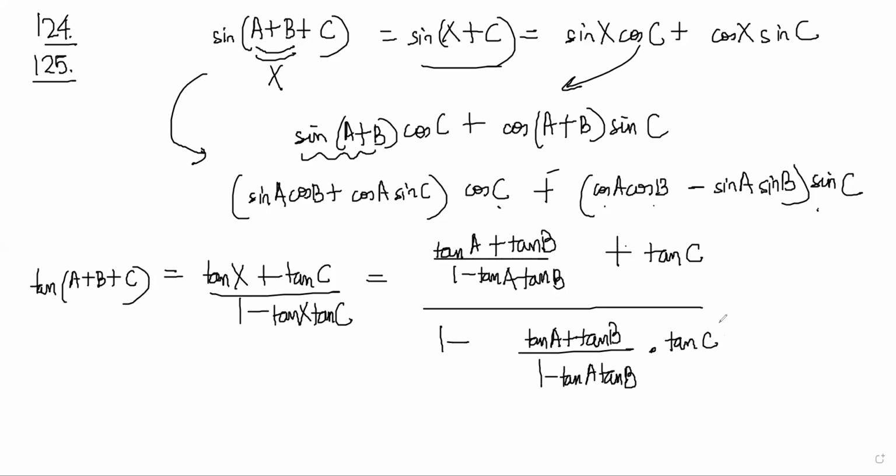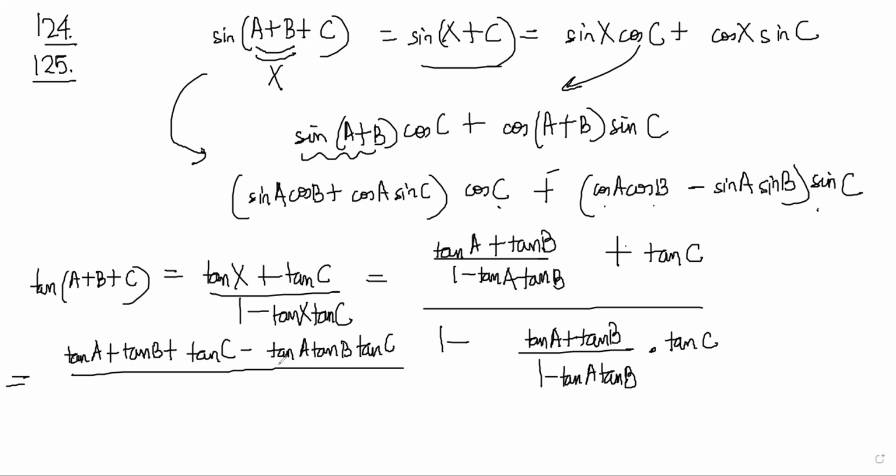Yes, sir. Expand it out, and once you expand it, you get this result: (tan A + tan B + tan C − tan A tan B tan C) divided by (1 − tan B tan C − tan C tan A − tan A tan B).